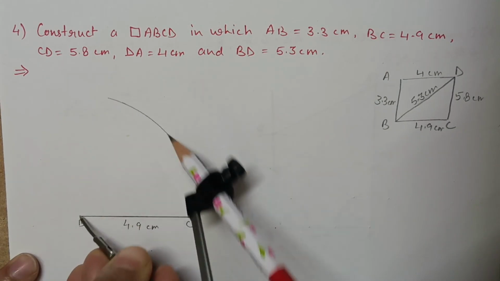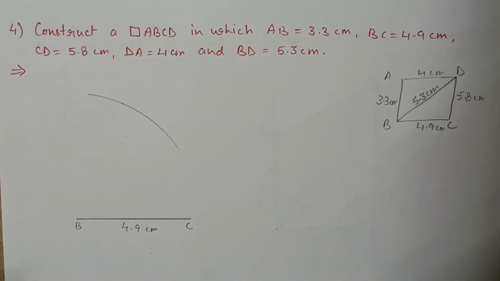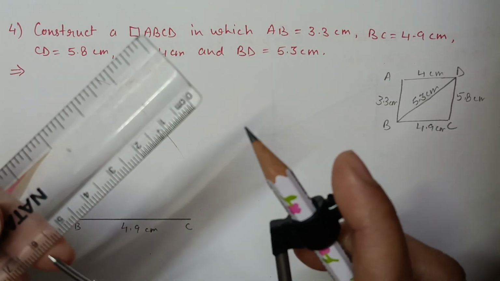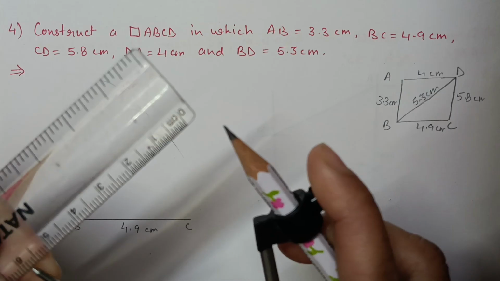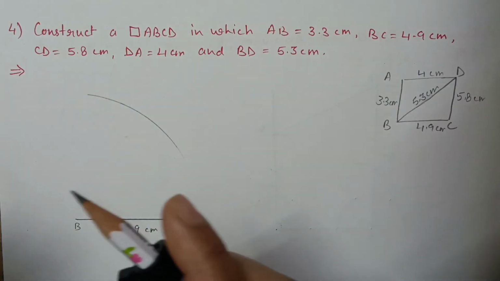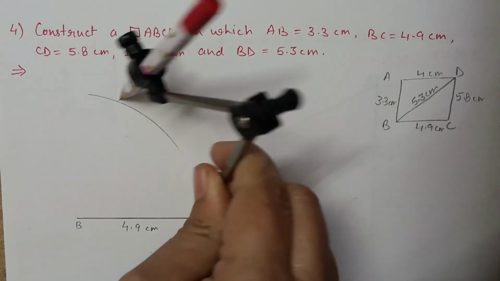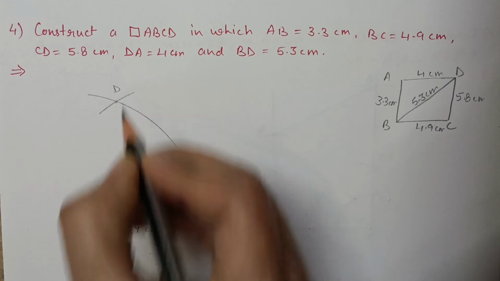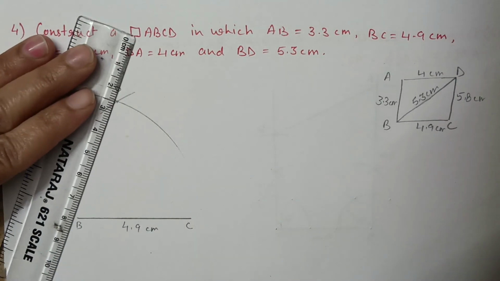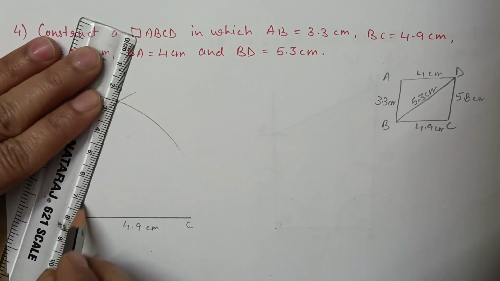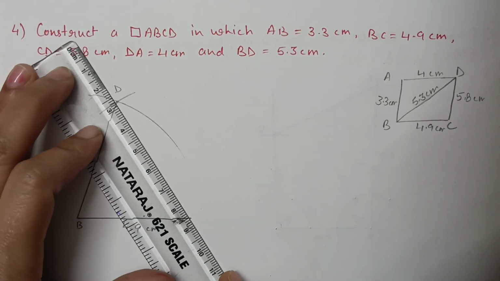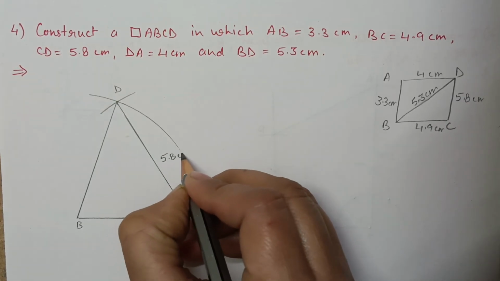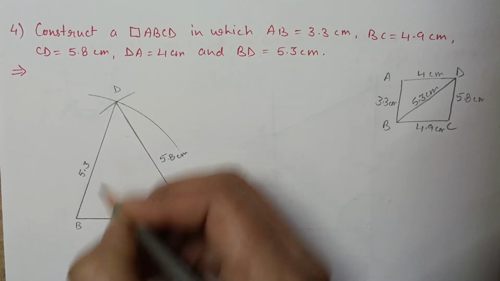First put a big arc, then from C take 5.8 centimeter, and from C put another arc. Wherever both the arcs cut, that is point D. This is 5.8 and this is 5.3.